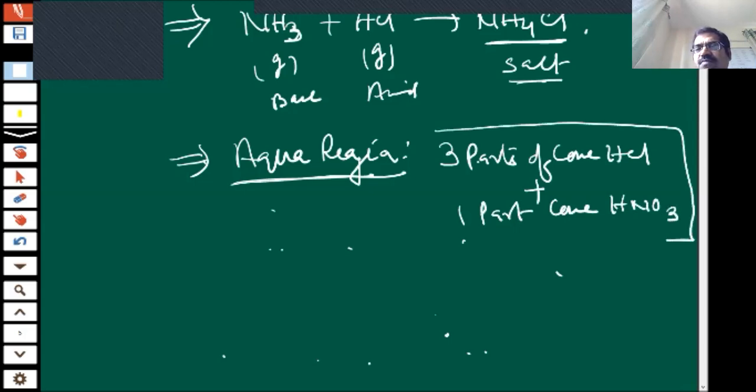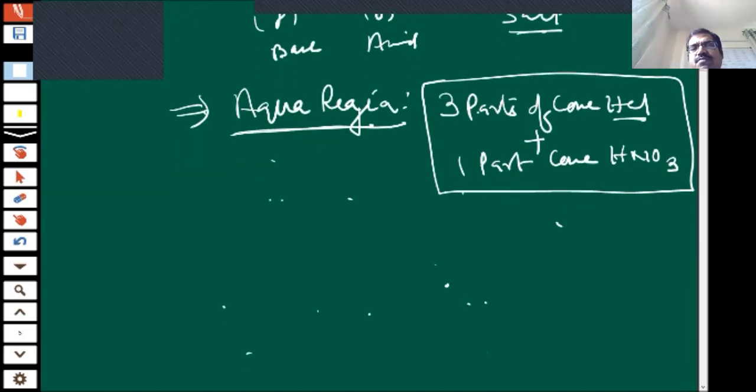This mixture, 3 moles of concentrated HCl and 1 mole of concentrated HNO3, means 75% HCl and 25% nitric acid, is known as aqua regia.